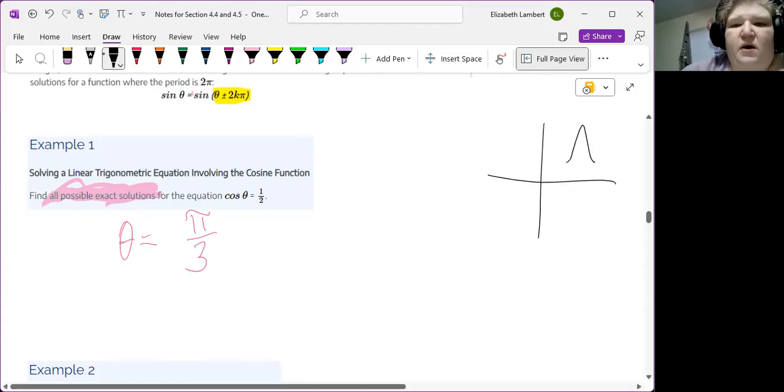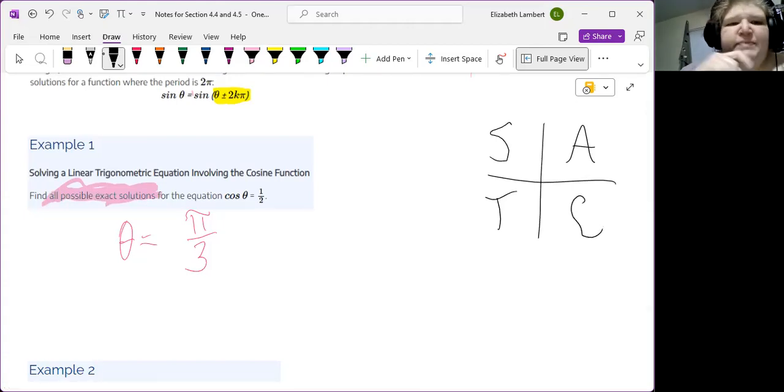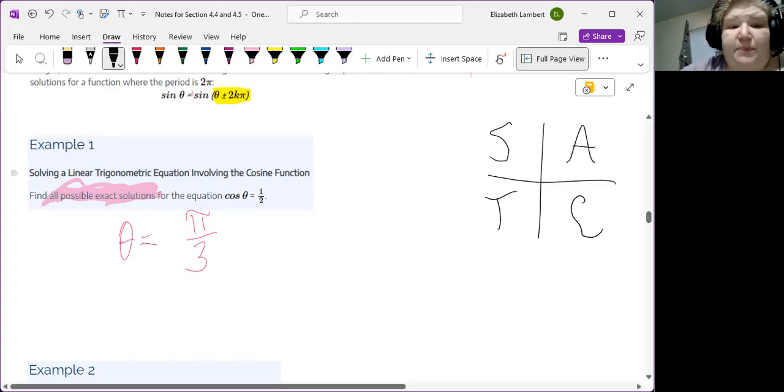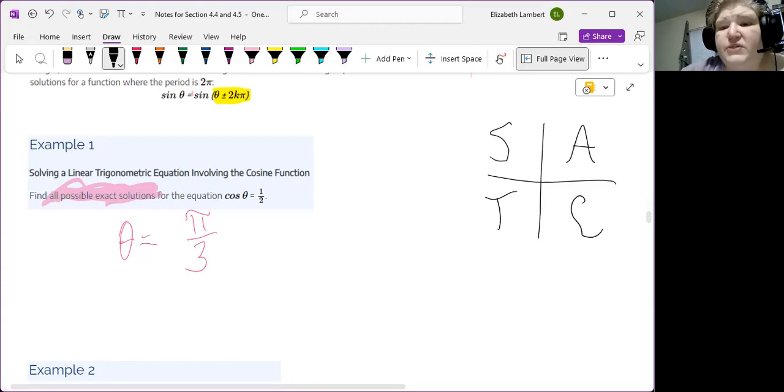Now this is where our all students take calculus comes in. Filled out the same way you go around the unit circle. So this is positive 1/2. Where else is cosine positive 1/2? Cosine's positive in quadrant 4. So I want to know what's the quadrant 4 angle that's also over 3. So pi over 3, here, let me sketch these in.